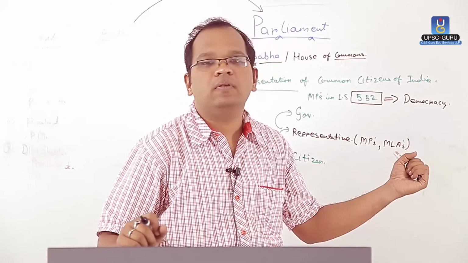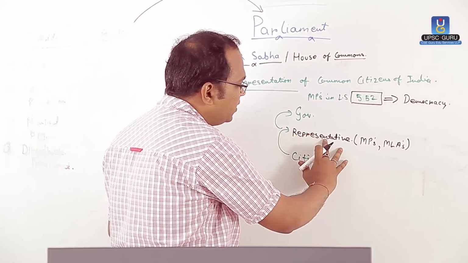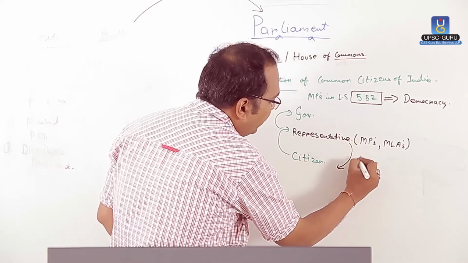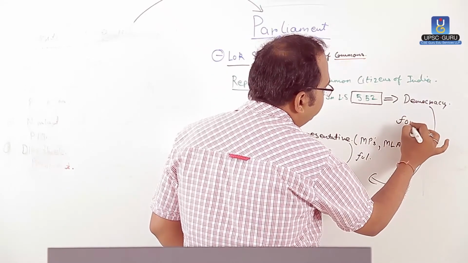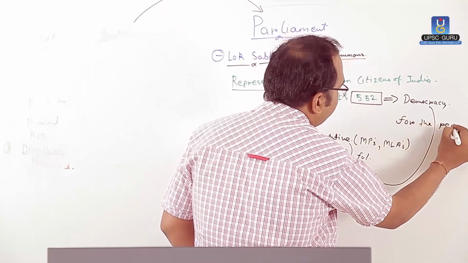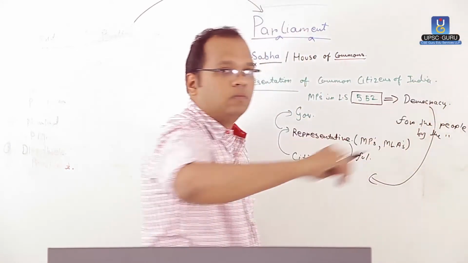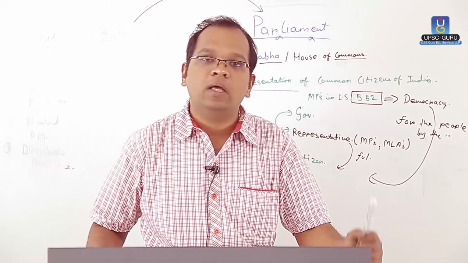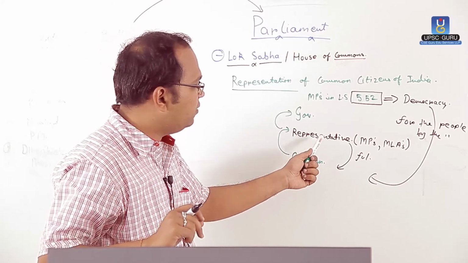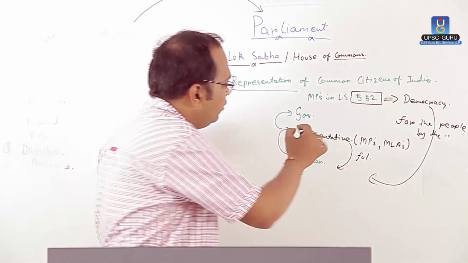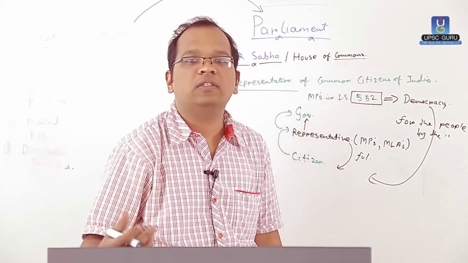You are voting for these representatives, and these representatives will fulfill your demands. Now you must be getting the point of how this democracy works. You are electing these representatives, they will combine to form this government, and this government will ultimately work for the common citizens of India.